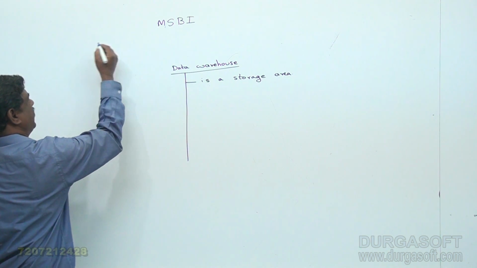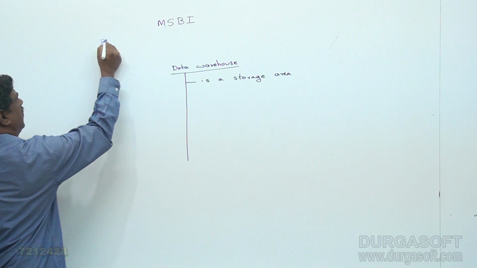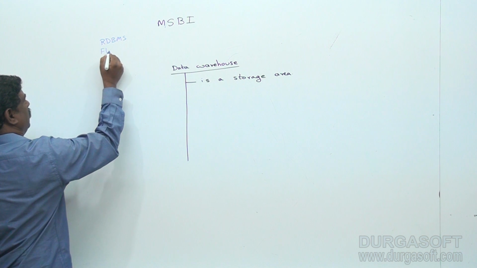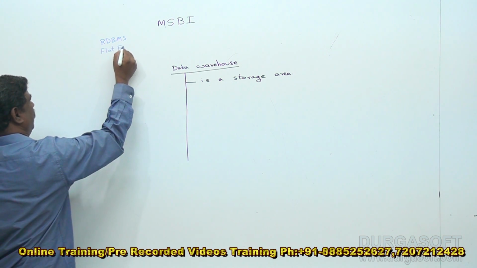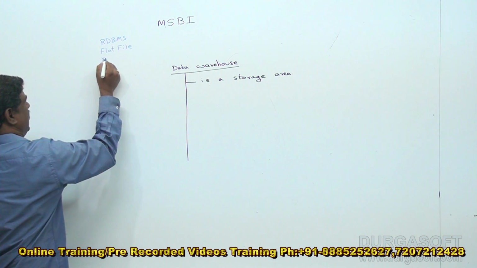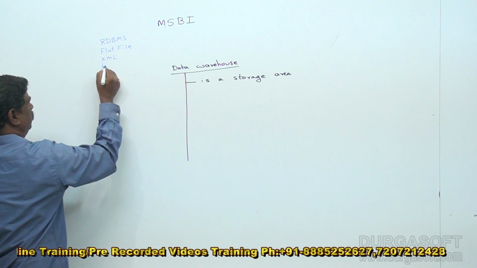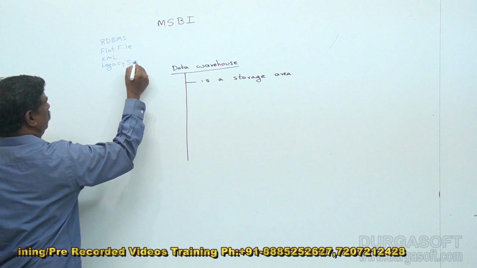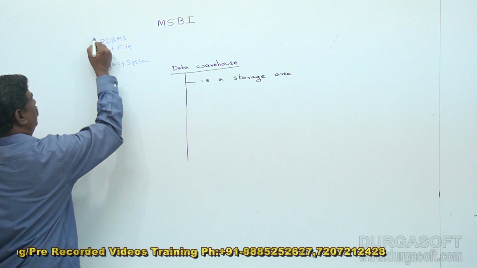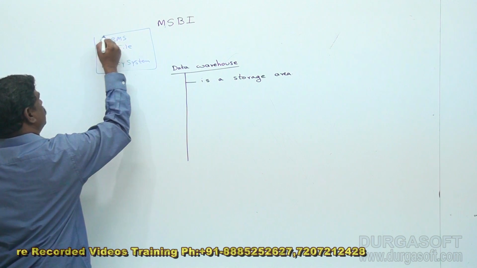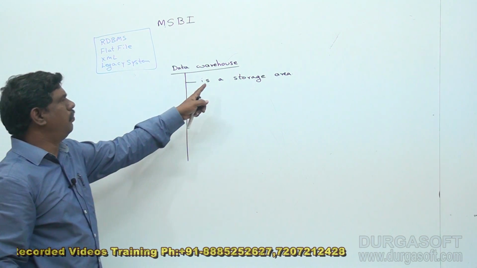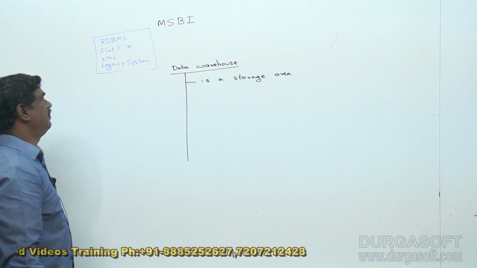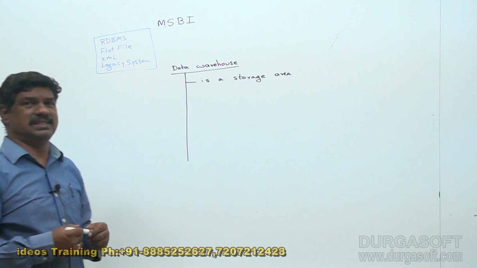I'll take one database system, for example an RDBMS, or another component such as a flat file, XML, or a legacy system. Any one of these storages can be used in the form of a data warehouse: RDBMS, flat file, XML, and legacy system.